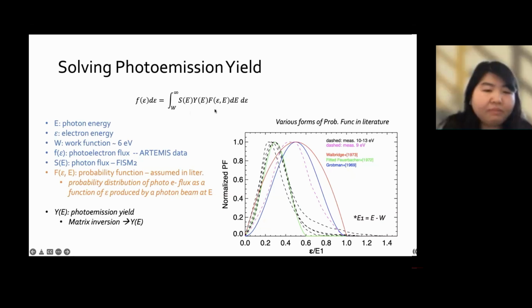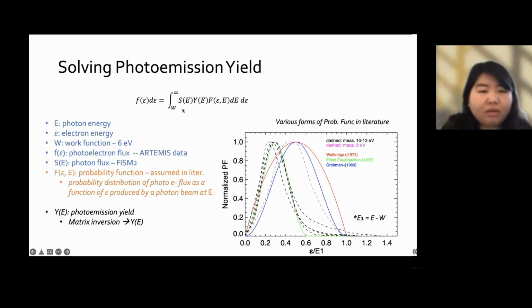The probability function is the probability distribution of photoelectron flux as a function of electron energy produced by a single energy photon beam. If you integrate that over different photon energies, that gives you the integrated photoelectron flux. So that's what this equation is.